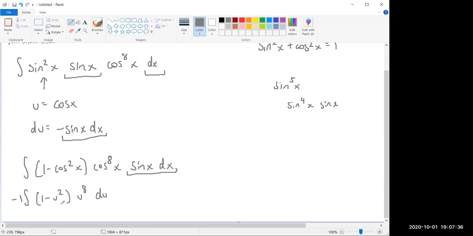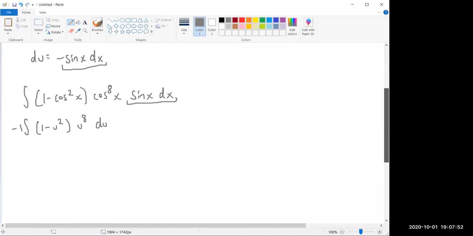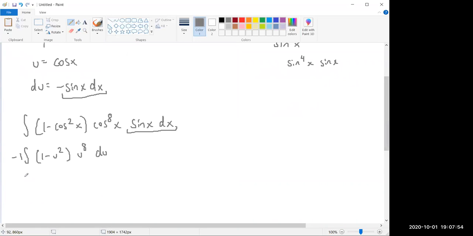So you have to set u as the one that you aren't splitting. Yeah, that's right. So we have -1. I'll distribute. This is u to the 8th minus u to the 10th. Okay. So this is -1.